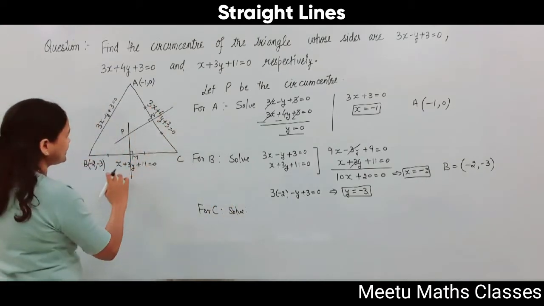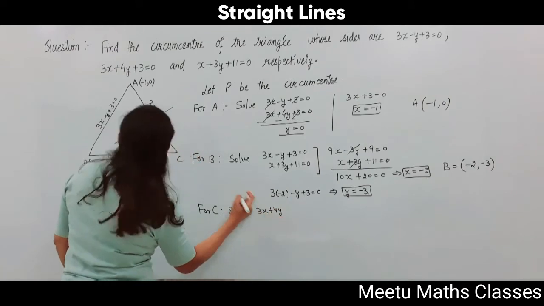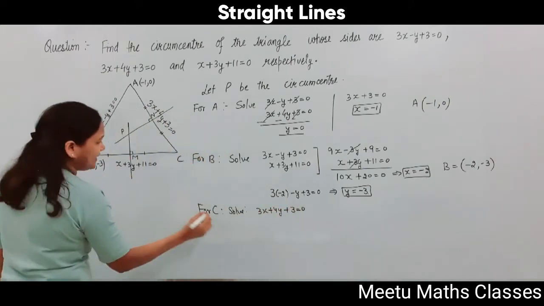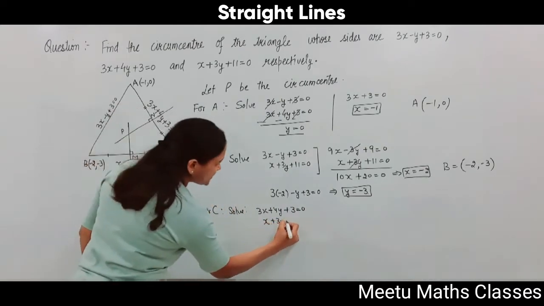Now for C, we are going to solve these two equations, 3x plus 4y plus 3 is equals to 0 and x plus 3y plus 11 is equals to 0.